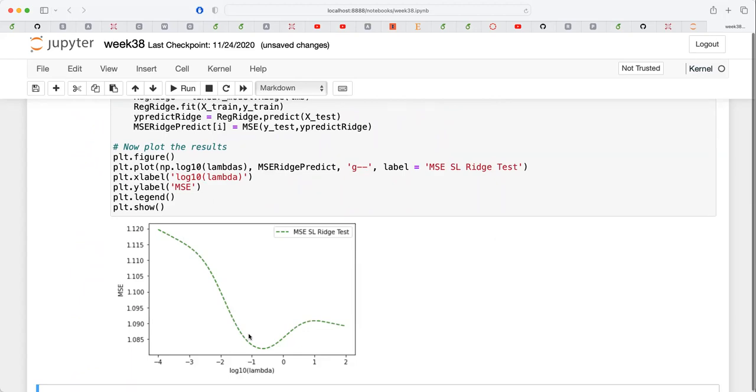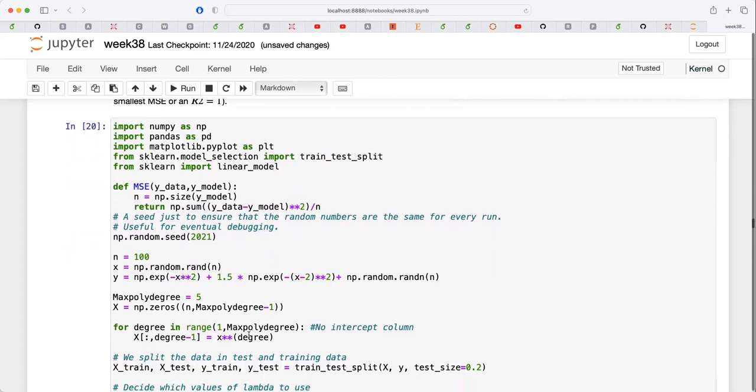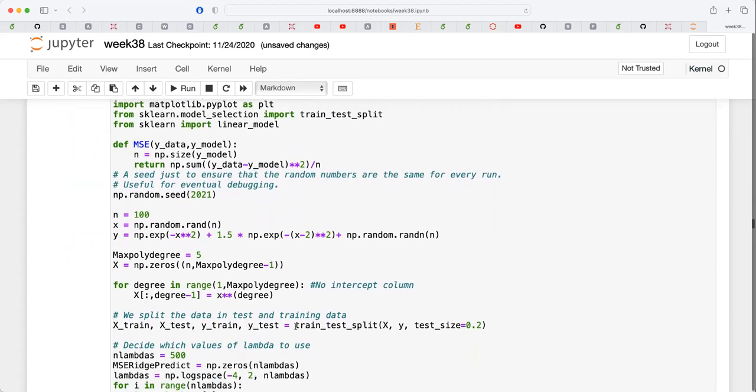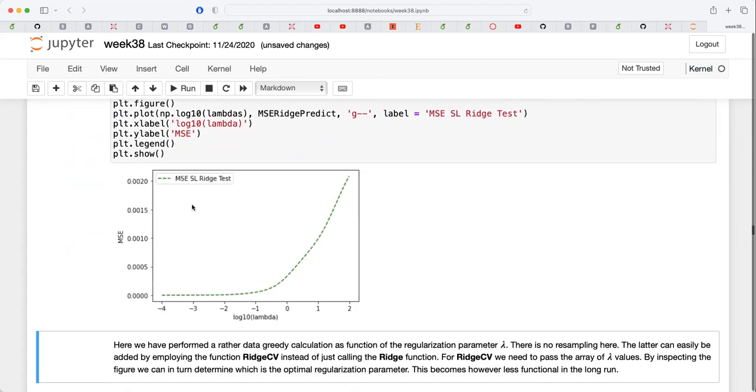This is also something you will notice when you run your own calculations. If I now take away the noise and rerun it, you will see something like this. Typically when you don't have any noise, it's ordinary least squares which does the best job, and in this case you see a perfect fit to the data.